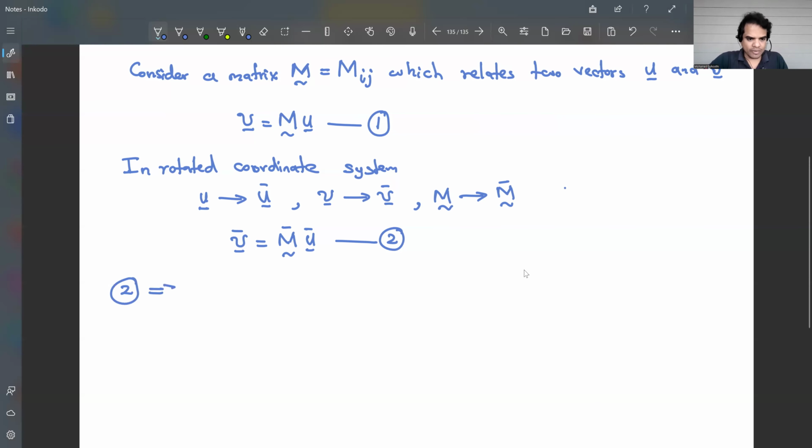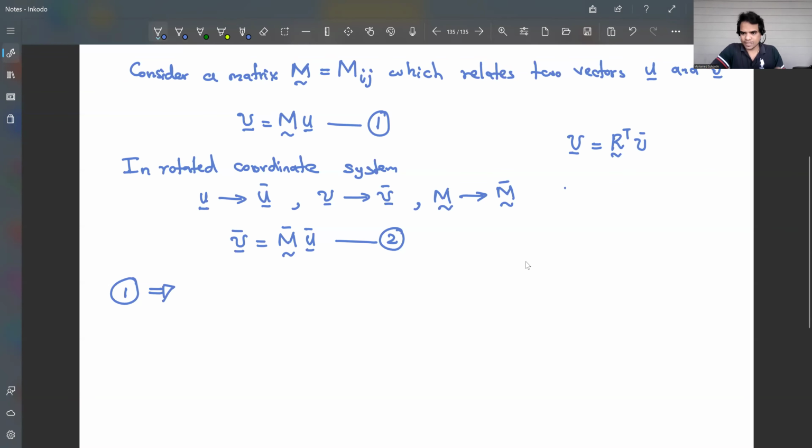From equation number 2, okay, let me take equation number 1. Previously, we discussed that if you want to find the unbar vector with respect to the bar vector, you use the transformation of R, R transpose, then V bar.